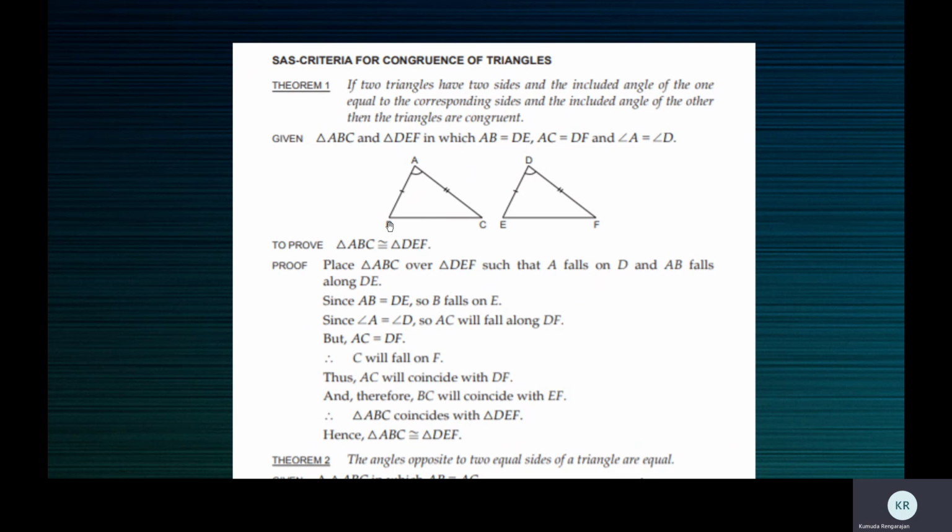So in this way, what happens? BC will coincide with EF, because B falls on E and C falls on F. So finally, we see that triangle ABC coincides with triangle DEF. This proves that triangle ABC is congruent to triangle DEF.